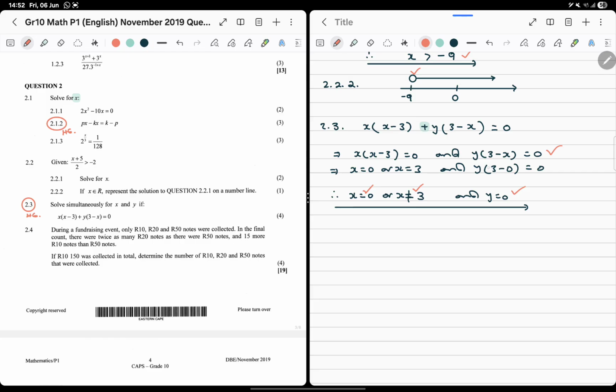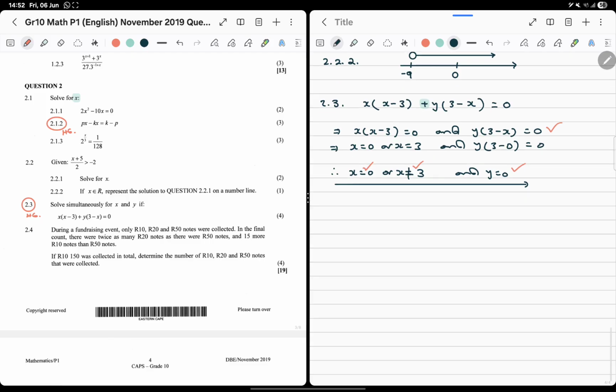Because these parts right here literally boil down to this. Bearing in mind that we need to restrict the x values for us to be able to solve for the y values. Very nice questions. So as you can see, when we take these values back, we get what we want. Okay, let's get to the next question.